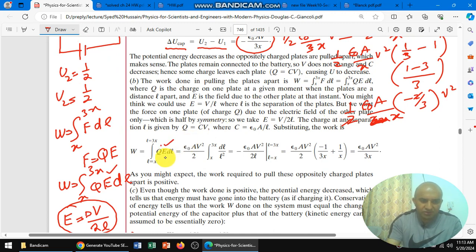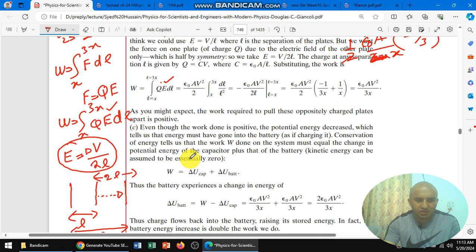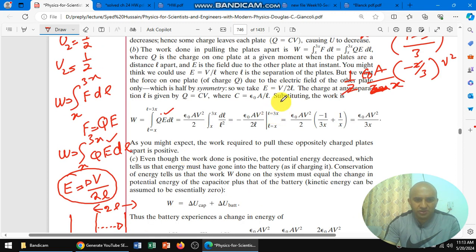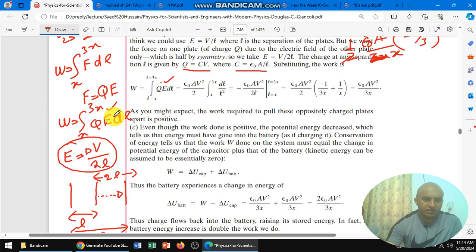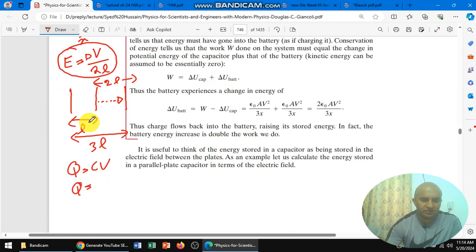We also put Q is equal to CV, and C is equal to A epsilon naught over L. So Q is equal to CV, which is epsilon naught A over L into V.